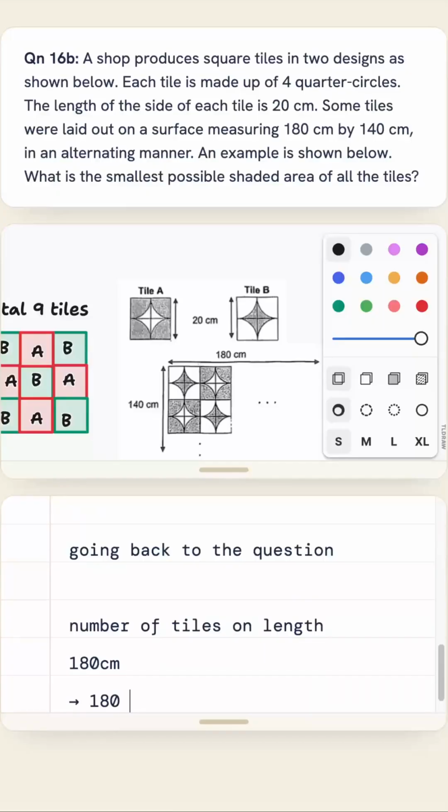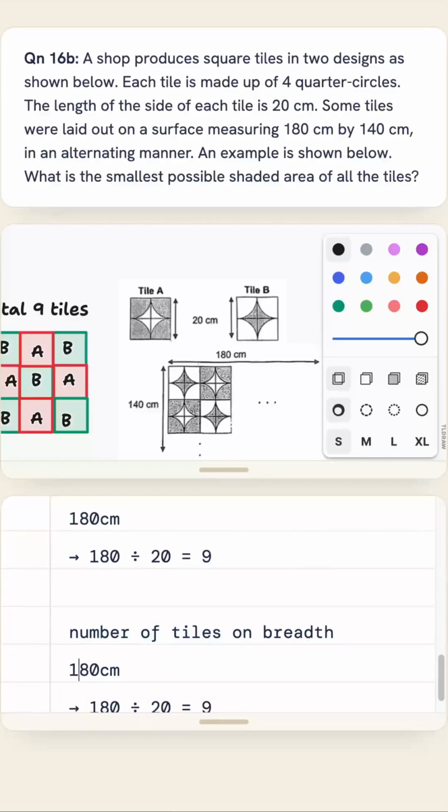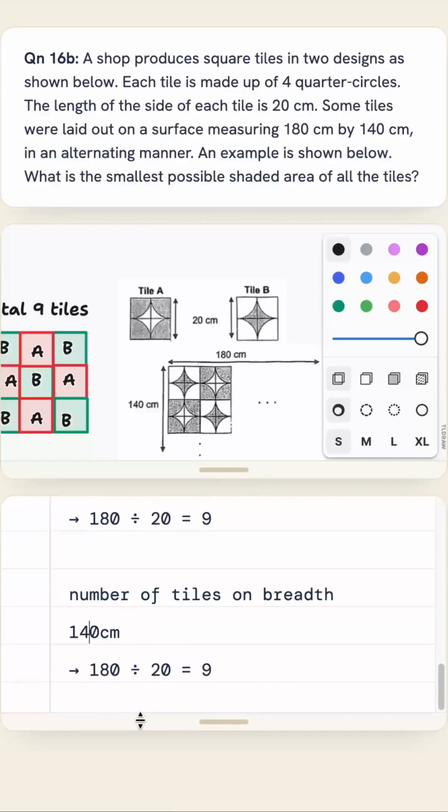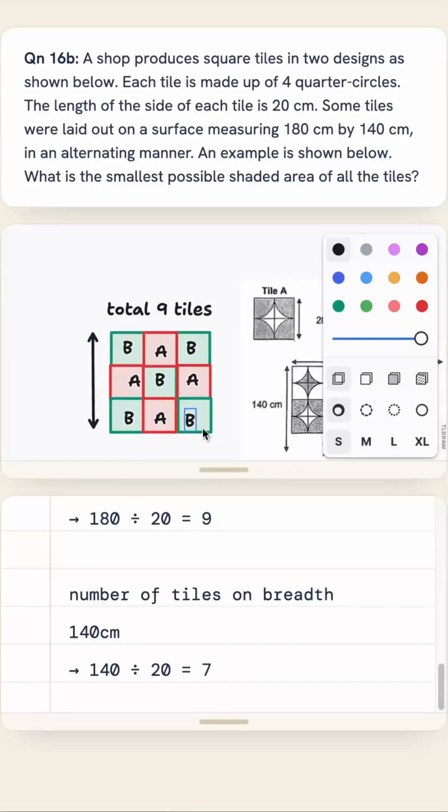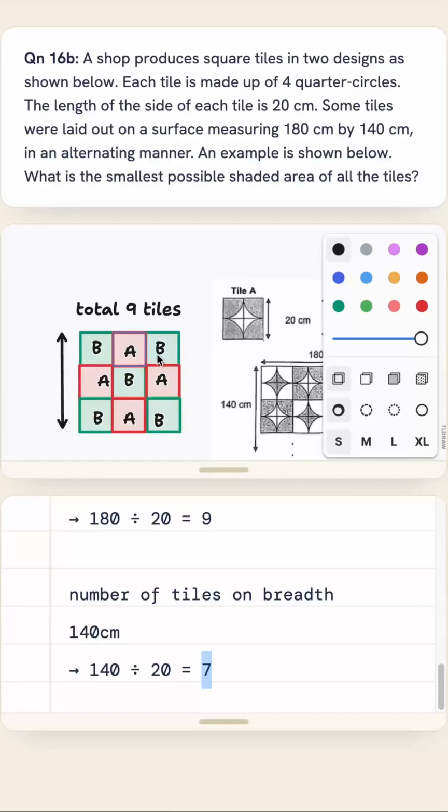Basically, 180 divided by 20, this is 9. The number of tiles on the breadth, which is 140 divided by 20, will give us 7. So we have an odd number for this, and we also have an odd number for 9 as well.